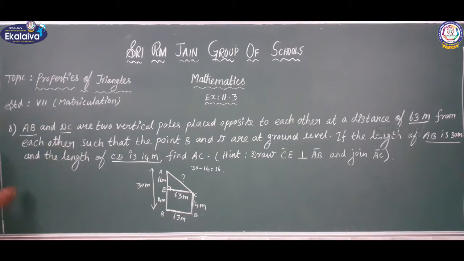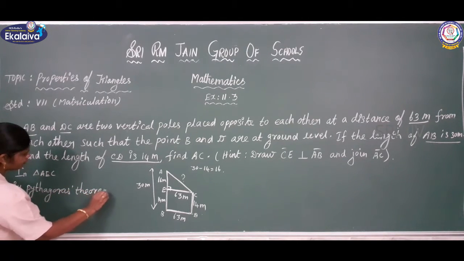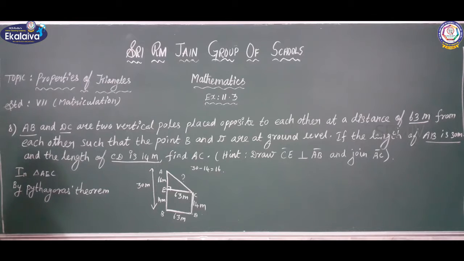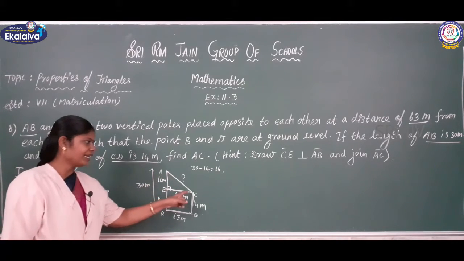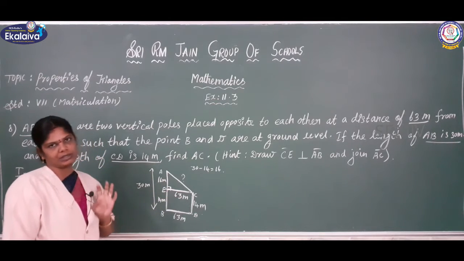Okay, so in right angle triangle AEC by Pythagoras theorem, what is the Pythagoras theorem, children? The square of hypotenuse is equal to sum of the squares of the other two sides.